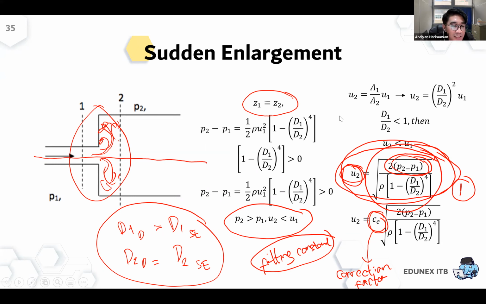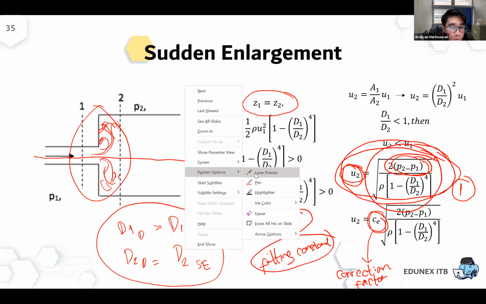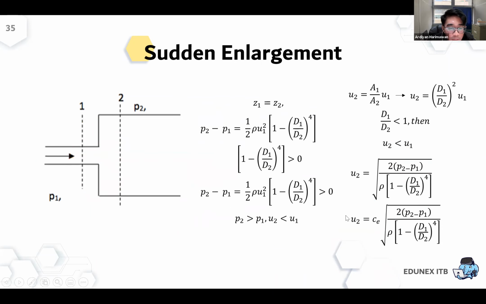Jadi ada faktor koreksi when you correlate between the velocity and the square root of pressure difference. In real calculation, there will be the correction factor or the fitting constant.